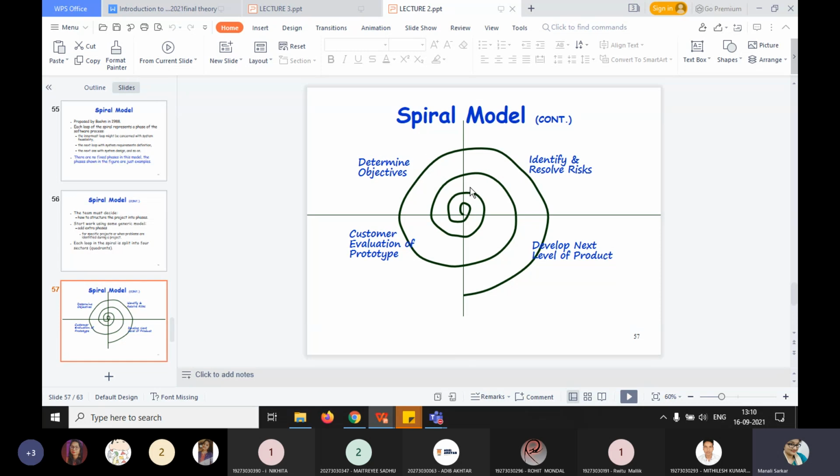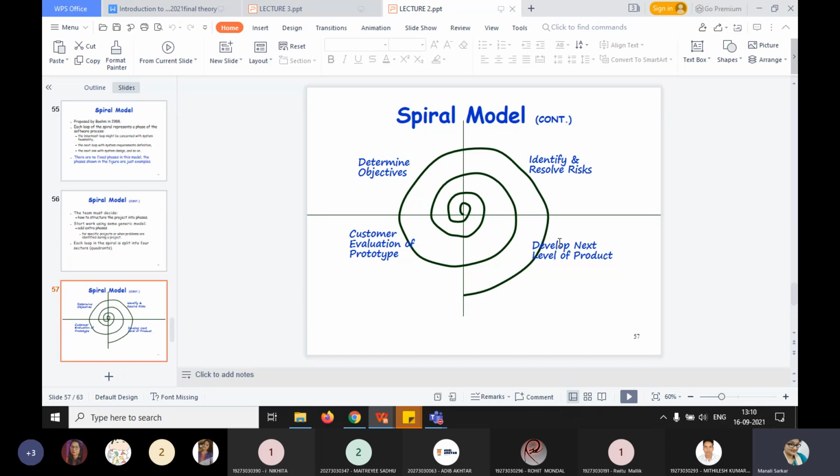The first is for determining objectives, then identifying and resolving the risks in the project, then developing the next level of the product, and finally customer evaluation. If the customer evaluation is good, then we will stop; otherwise, we will continue again. So in this way it is spirally hung, and that's why it is called the spiral model.